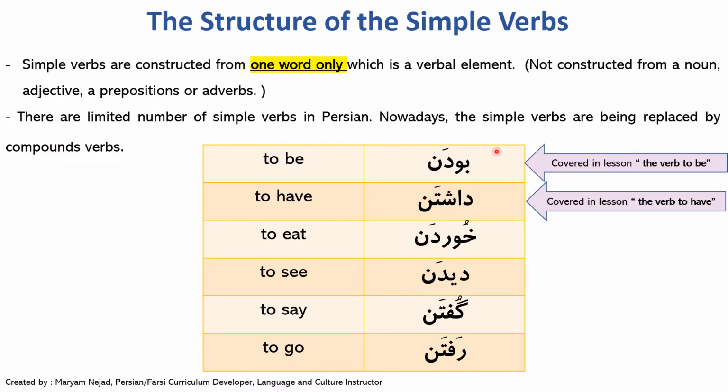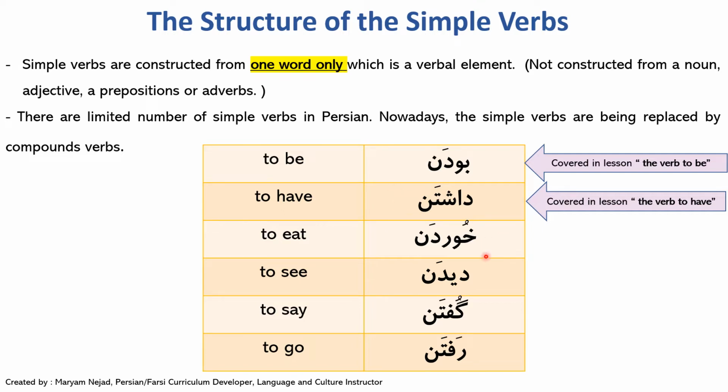Here in this table, you will see a list of simple verbs. The reason they are called simple verbs is that they are just constructed from one word. You don't see anything before that and you don't see anything after that. They are just one word. That's why they're called simple verbs. We have already learned the first one, budan, and the second one, dashtan, in previous lessons.